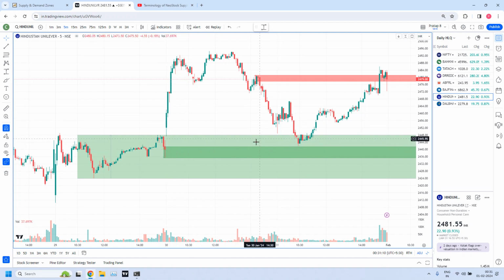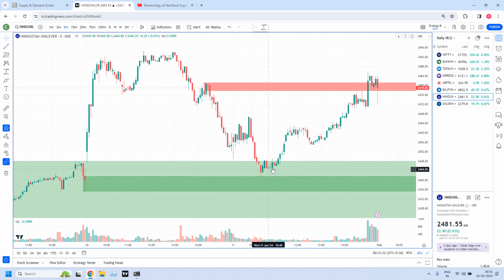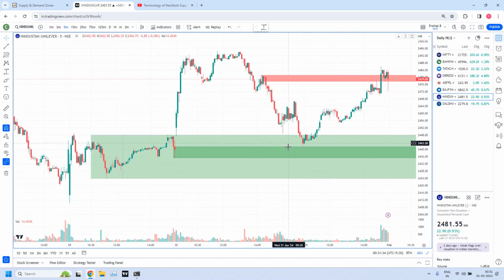In this pro gap area, it first consumed all the pending orders and just reached, and by the time it reaches this zone, mostly the existing supply will be consumed completely. Because the existing supply is completely consumed, what happened? The moment it reaches the demand zone, see the push. Very strong push.